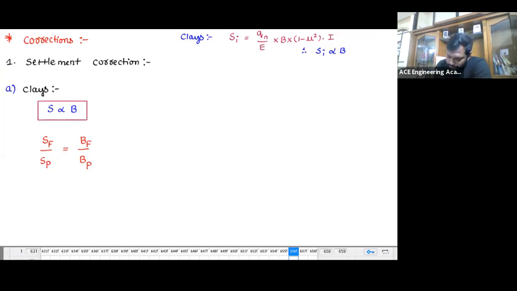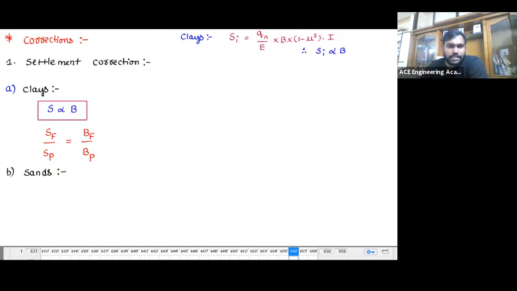Now, if it is a sandy soil, in the case of sands, the equation isn't valid.